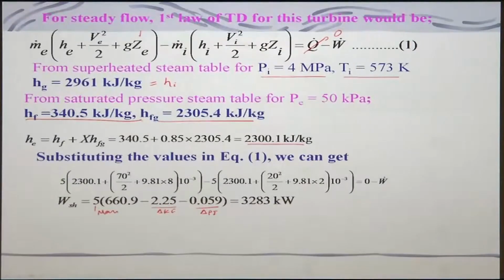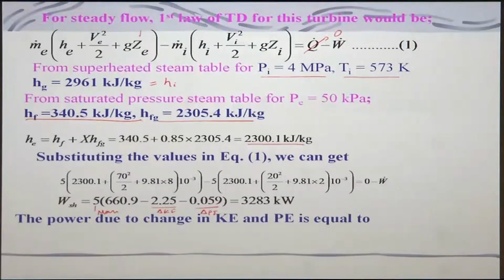This is quite a bit of power being generated by this turbine. Now, we need to find the error if we neglect the change in kinetic energy and change in potential energy, which is almost 0. The power due to the change in kinetic and potential energy can be evaluated very easily, taking the change in kinetic 2.25 and change in potential 0.059, into 5, which comes to around 11.5 kilowatt, very small compared to 3283 kilowatt.